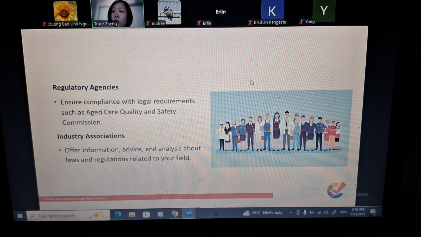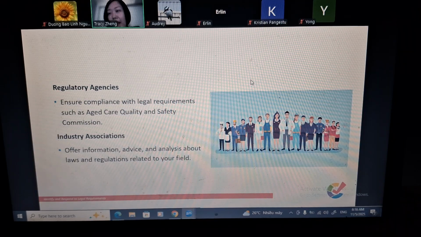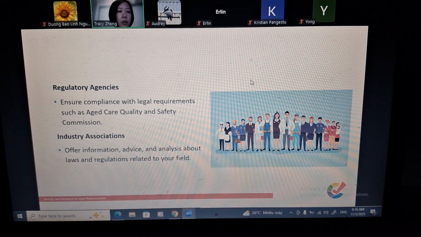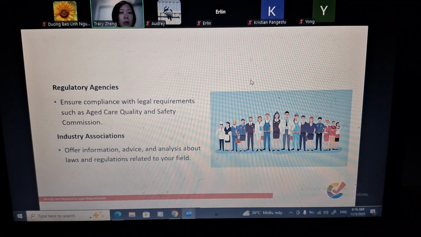They will always give you updated information. You can subscribe to their newsletter, etc. They will post all of those updates to you. And in case you need any help, they can also be a supporting person, right? So you can get some information from them as well.